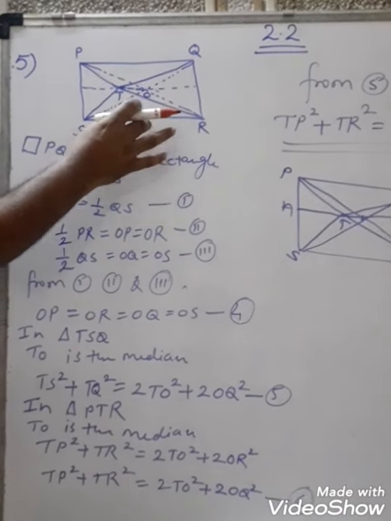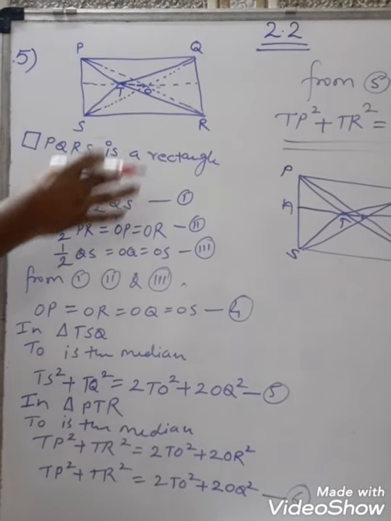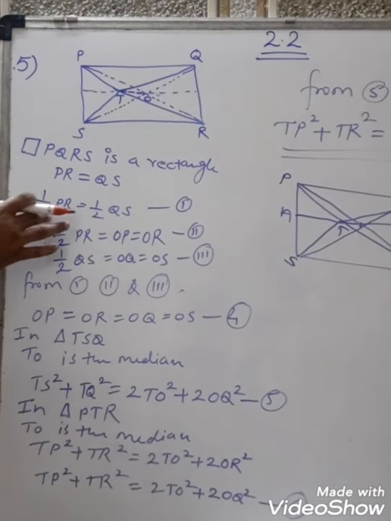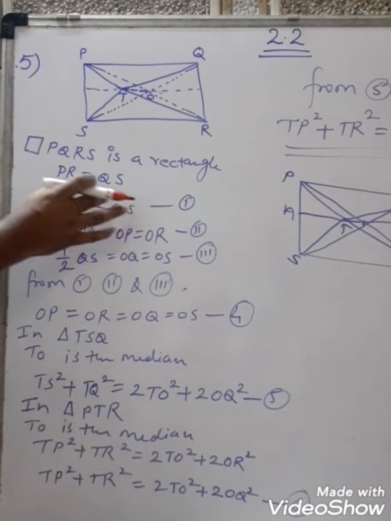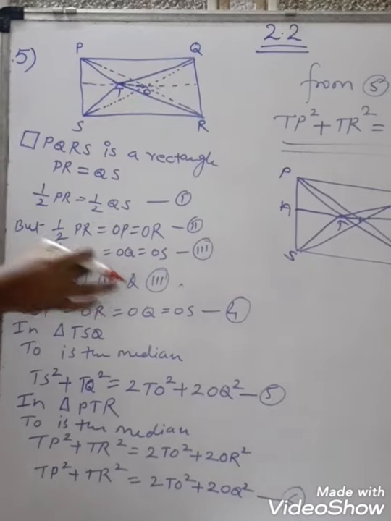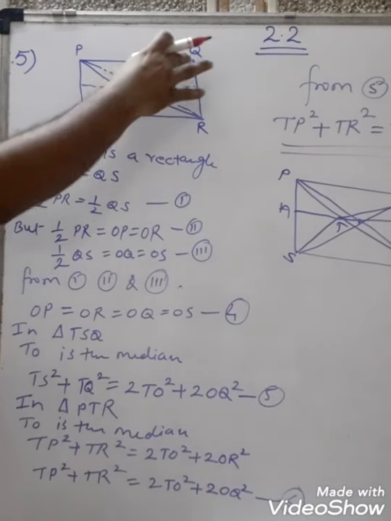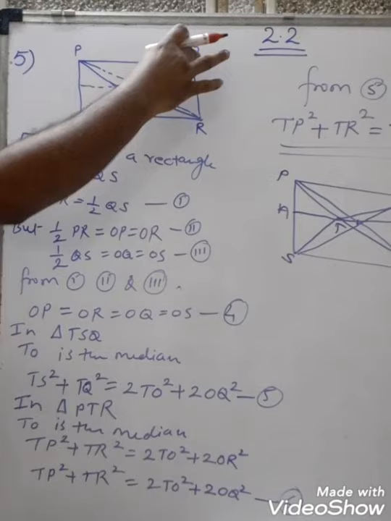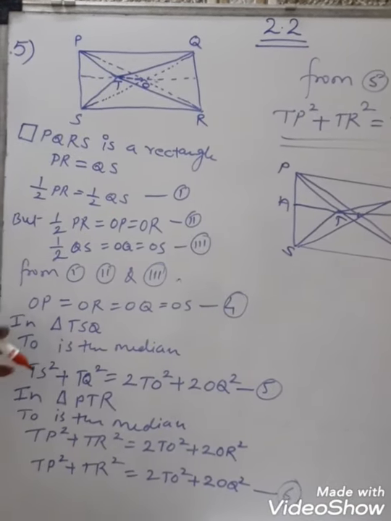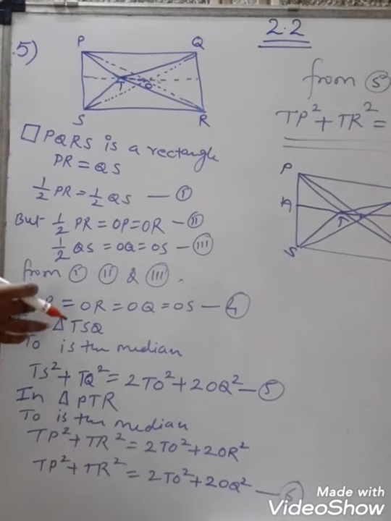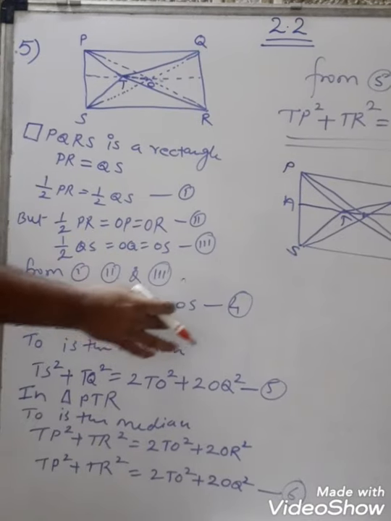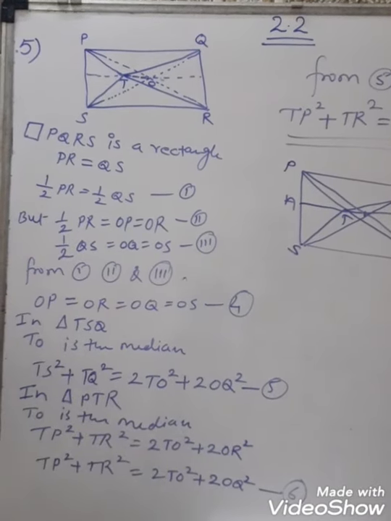So we know the property of the rectangle, they are equal. So we multiply both sides by half. So you get half PR, half QS. Now half of PR is PO and OR. Half of QS is OS and OQ. So from 1, 2 and 3, what we get, all 4 are equal. OP equals OR equals OQ equals OS. That is our fourth part.